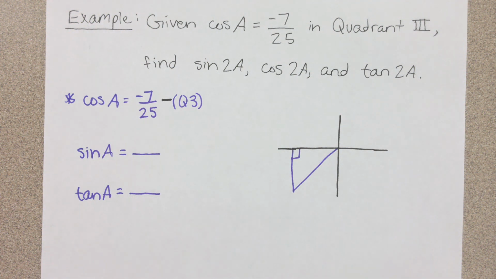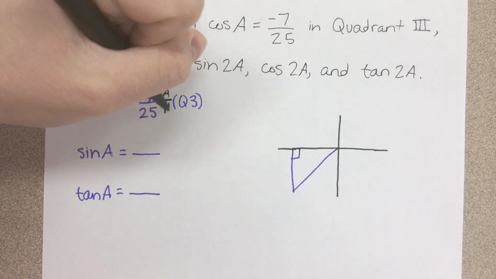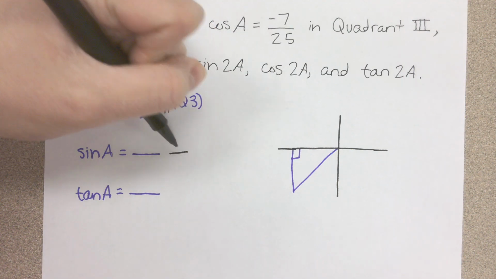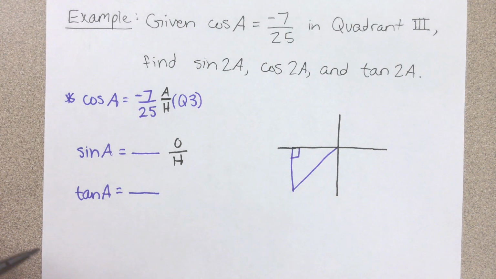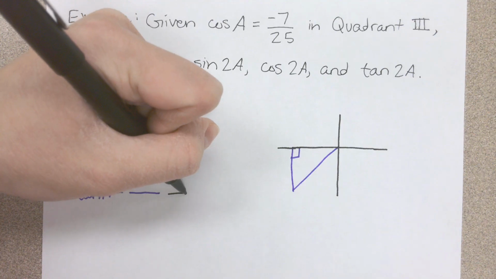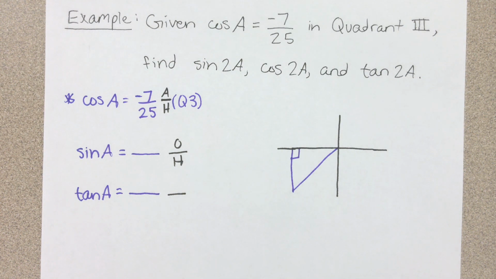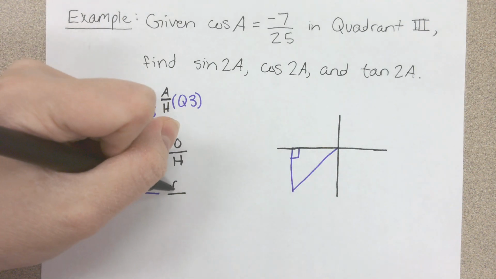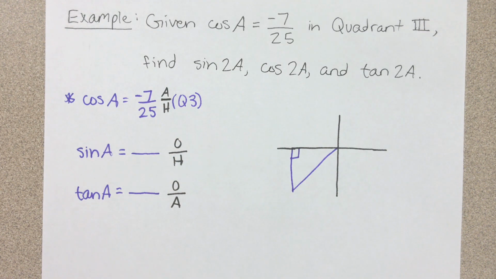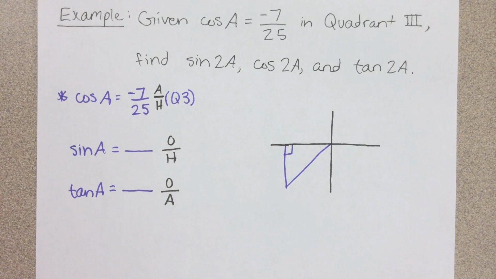Oh, A and H. Good. And since it's already been brought up, I'll go ahead and fill that in for sine. Sine is O over H. And while we're on the topic, what's tangent? O over A. Thank you. So that's the information we're going to use to get to those answers.